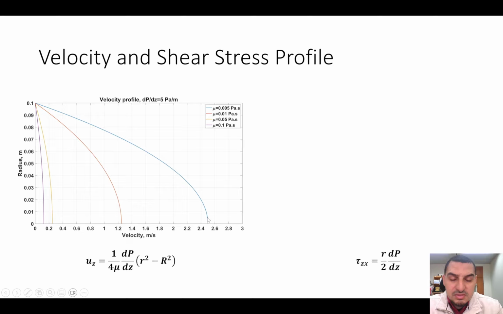So for the minimum viscosity, of course, it makes a lot of sense that if the viscosity is low, then the velocity would be high. And as the viscosity increases, the velocity will decrease. You'll also see here the same thing, that all the profiles have a slope of the velocity with respect to radius of 0.